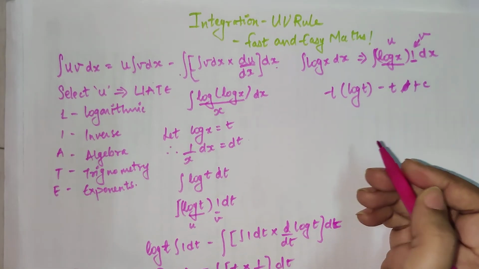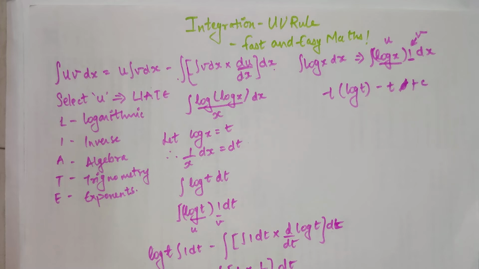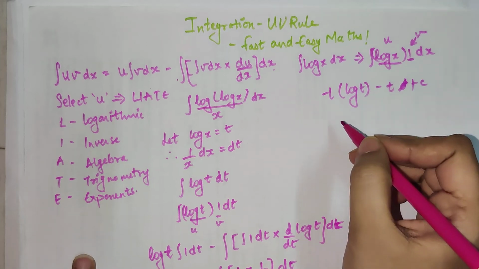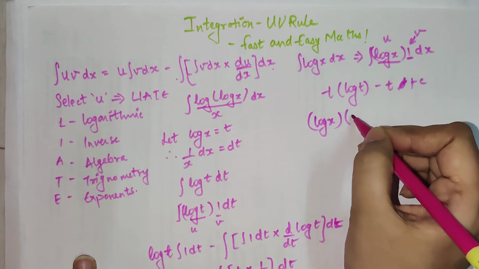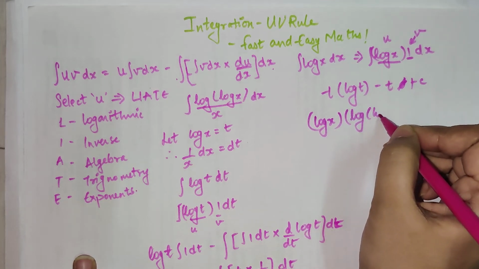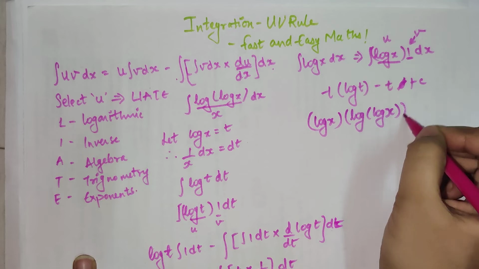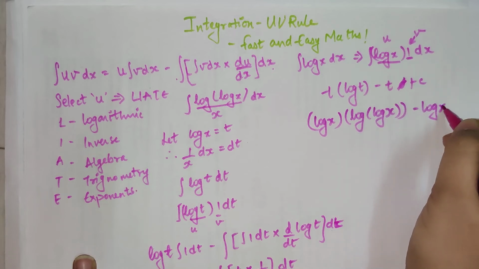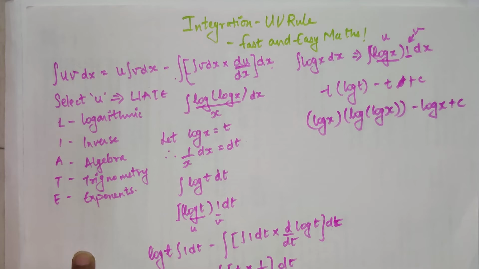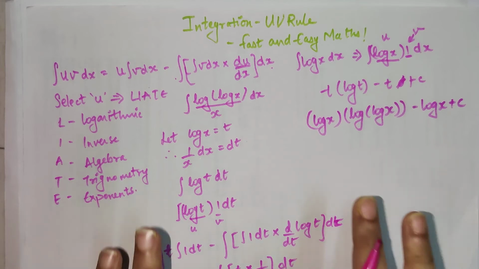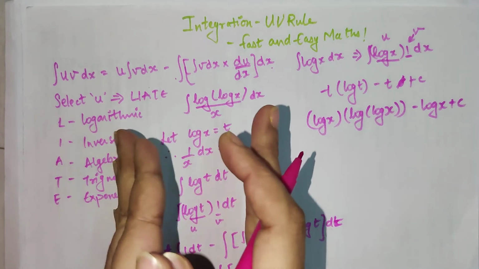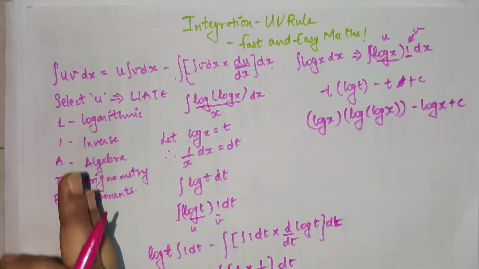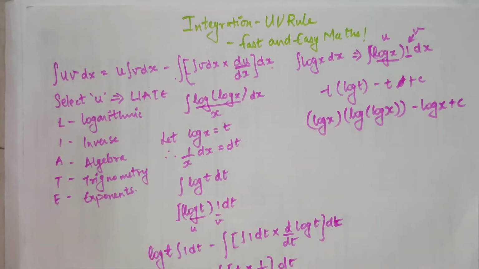But since we do not leave our final answer in the form of t, my final answer will be written as log x the whole multiplied by log of log x, minus log x plus c. The sum was looking so complicated, but with the help of substitution and this formula you could get to the answer so quickly.